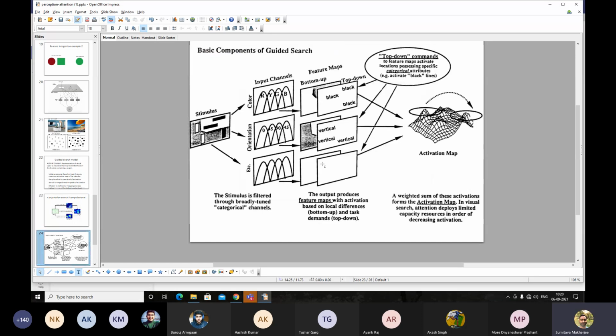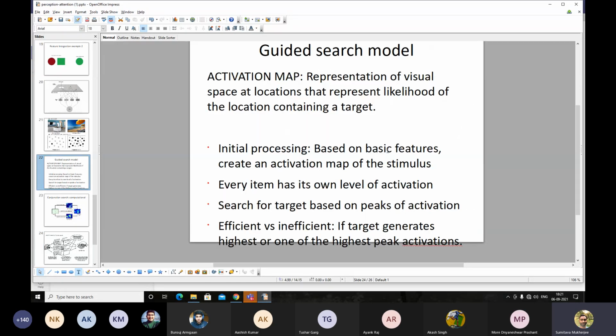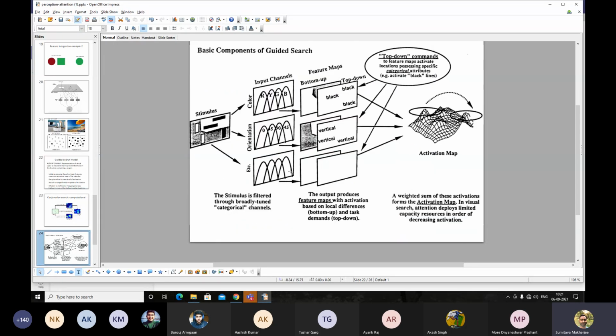Yeah. Now, if you want to look at even more detail, these are the basic components of the guided search model. Here you have the stimuli, and then you break it up into multiple input channels, because that's the first step, initial processing. You can break it up based on color, on orientation, and other kinds of attributes depending on the task at hand.